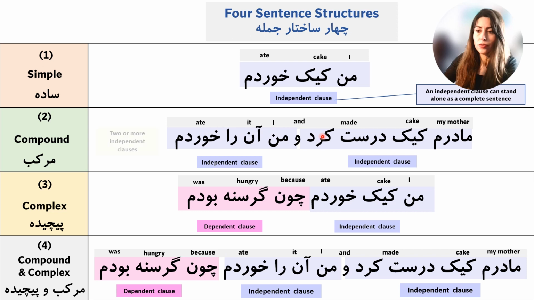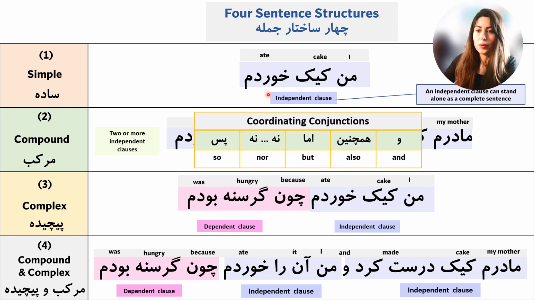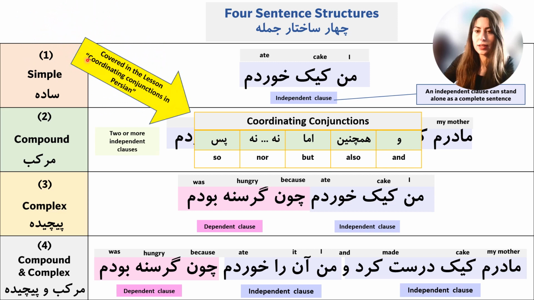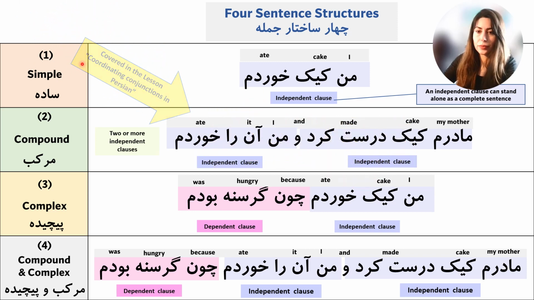It consists of 2 or more independent clauses, and usually these clauses are connected with each other by using coordinating conjunctions. Here you can take a look at what coordinating conjunctions are, and we have already learned them in a previous lesson. You can find the link in the description box.